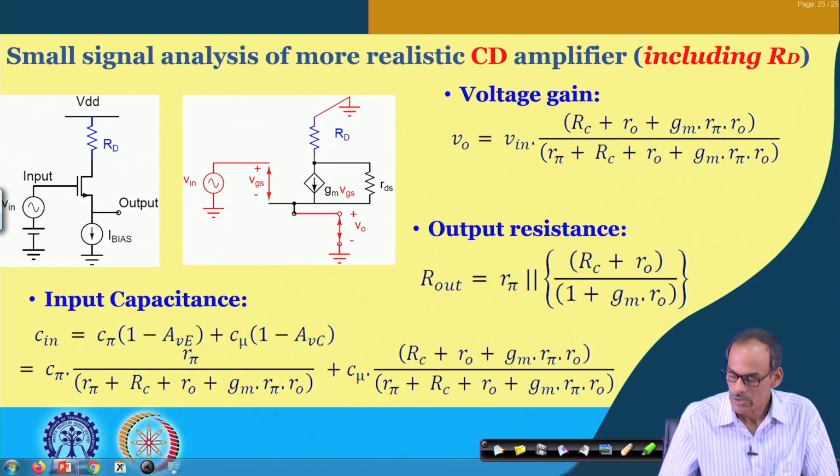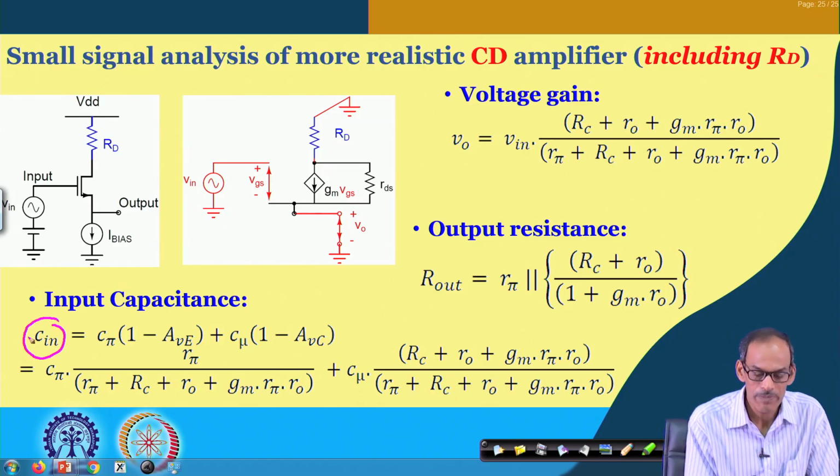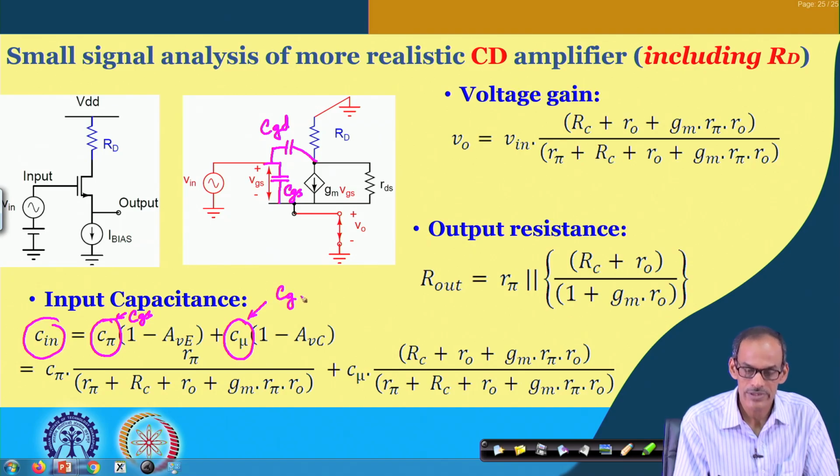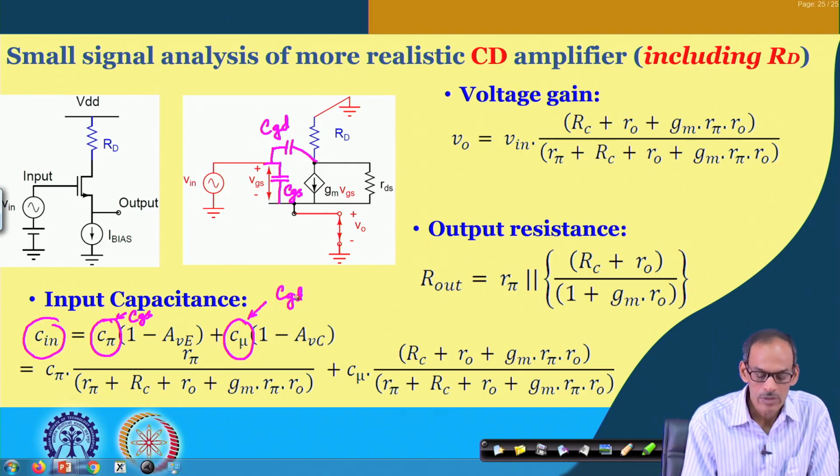To get the input capacitance C in, we have the contribution coming from C G S. Earlier, for common collector, it was C pi, so we need to replace this by C G S. Likewise, here it is now C G D. Earlier in the common collector circuit it was C mu, so that needs to be replaced by C G D, and then we have the voltage gain from here to here.